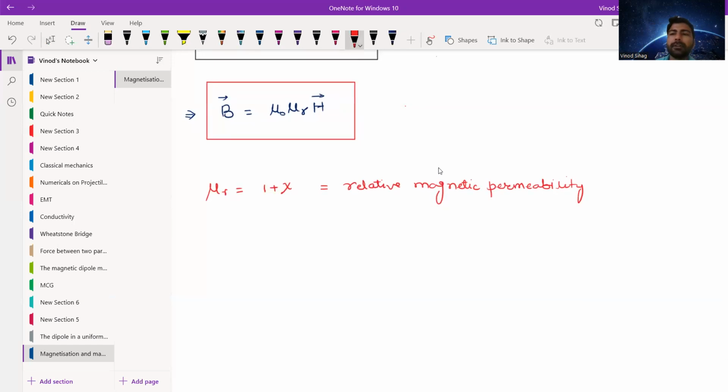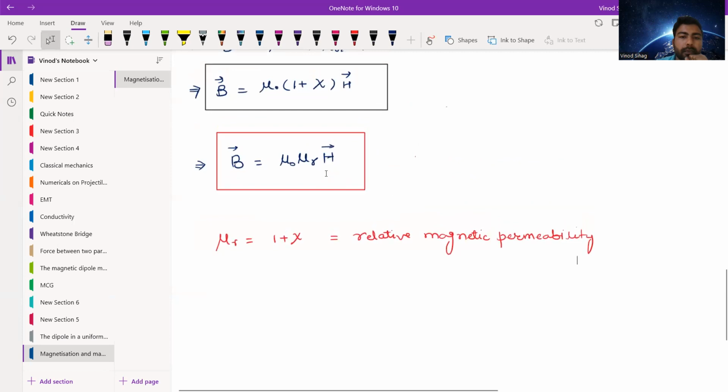It is similar to what we study in electrostatics as relative permittivity. In the similar way, in magnetism we study the relative magnetic permeability of the material, or of the medium. Whatever medium is there, according to that we get the relative magnetic permeability.